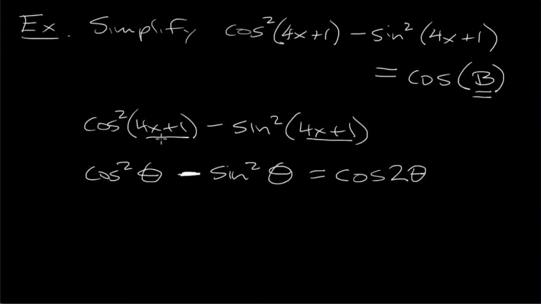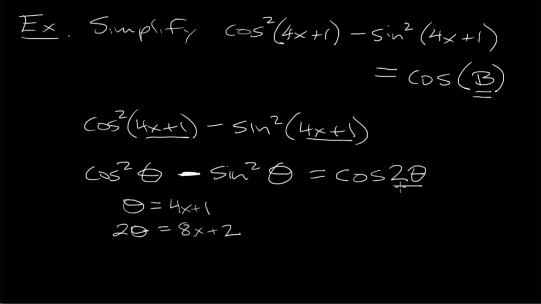And if I look at what substitution I made, I said that theta was equal to 4x plus 1. So then we need to know what 2 theta is. So 2 theta would equal 8x plus 2.